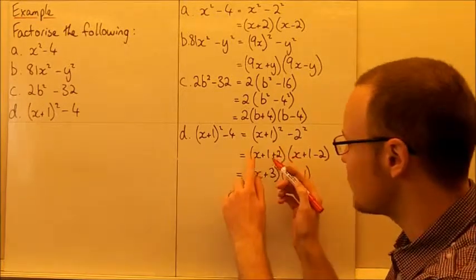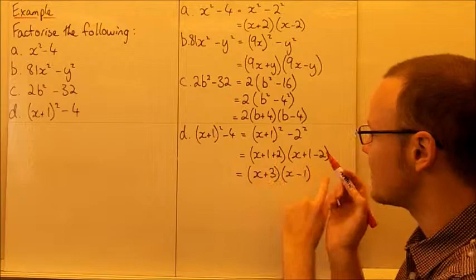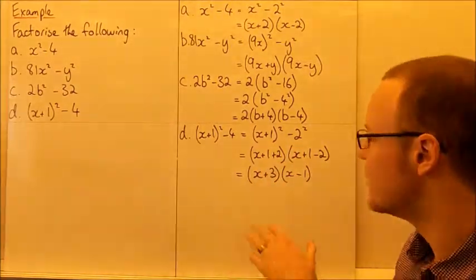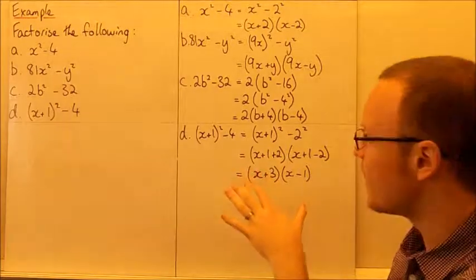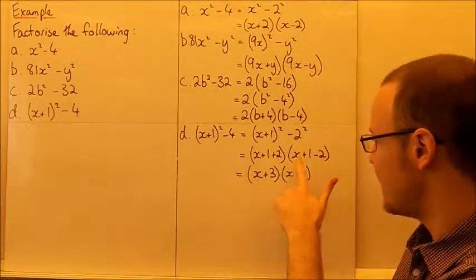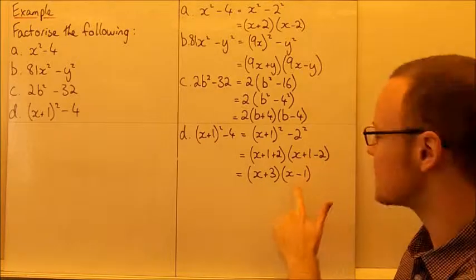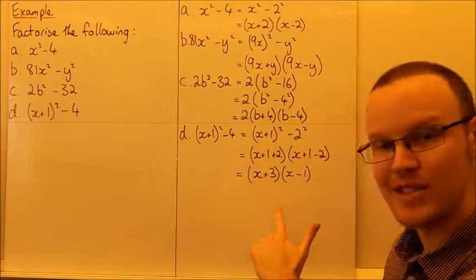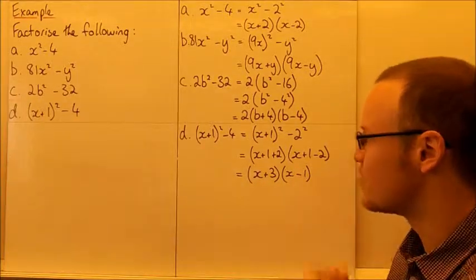So here's the x plus 1, and then we add 2 and subtract 2 for the difference of two squares factorisation. We can then simplify that by collecting like terms. x plus 1 plus 2 is x plus 3, and x plus 1 subtract 2 is going to be x minus 1. So we're left with x plus 3 times x minus 1.